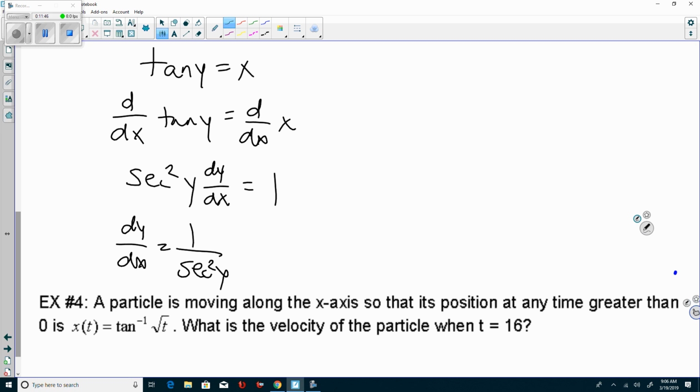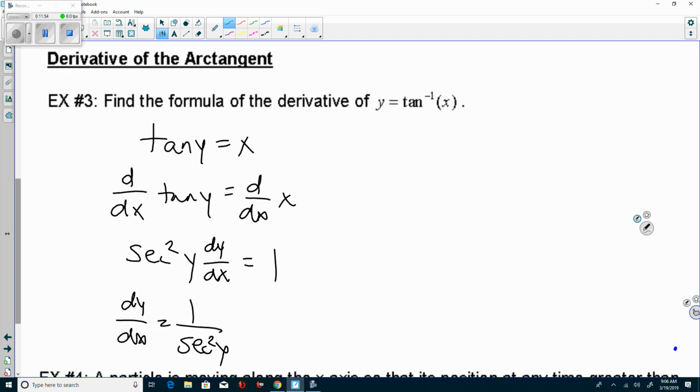So now you want to figure out, like we figured out on the other one with cosine y, what does secant squared y equal? Some of you remember, some of you won't. So you start with the original, cosine squared x plus sine squared x equals 1. And if you switch them around, sine squared plus cosine squared, no big deal, it's the same thing.